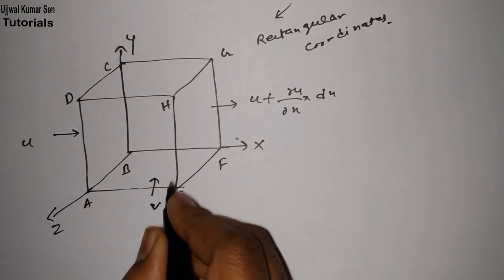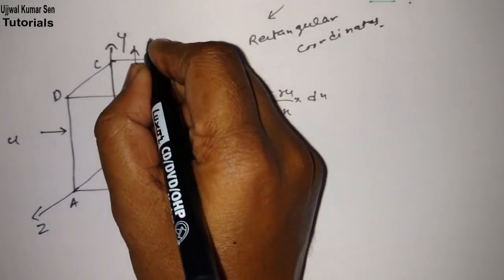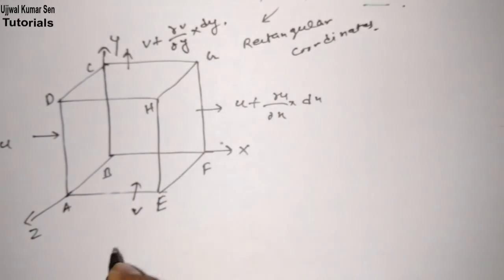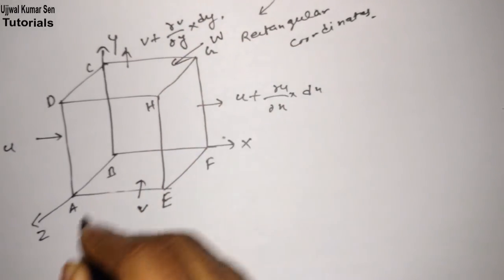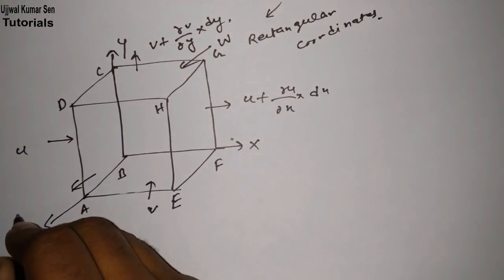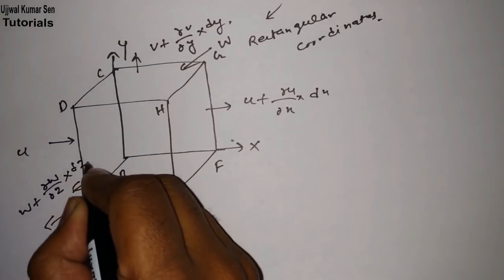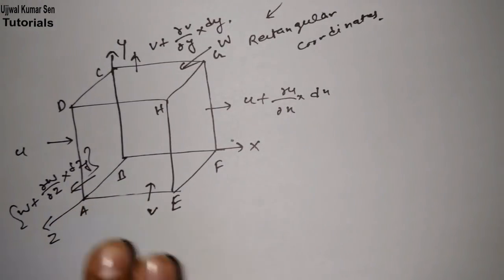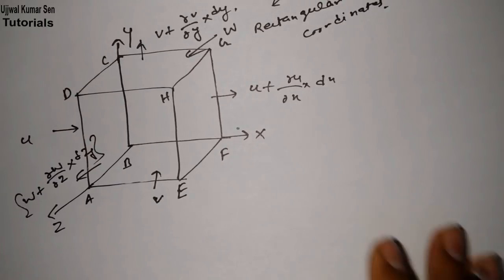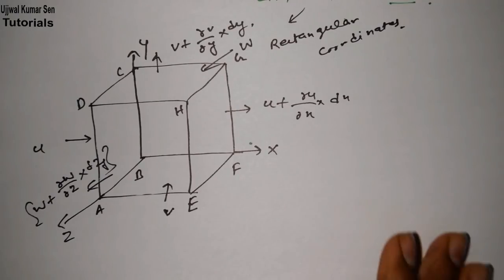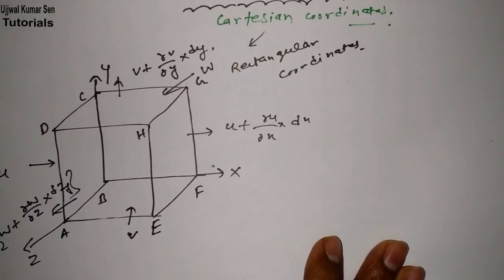In this direction we take v, and therefore v plus ∂v/∂y dy because of the y direction, and in this direction we take w, therefore w plus ∂w/∂z dz. This is a simple concept you need to remember: we take u, v and w because there are three directions. In this control volume we are going to find the continuity equation.